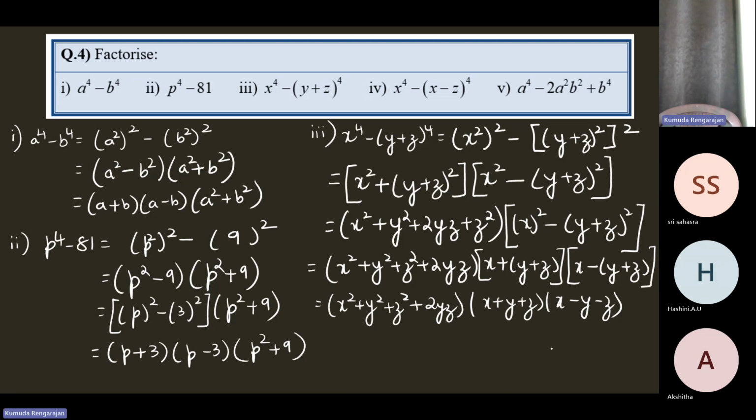Complete it, be very good at skills. We'll practice this first time.